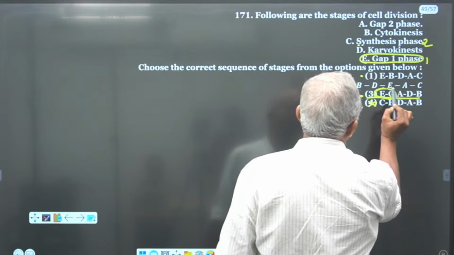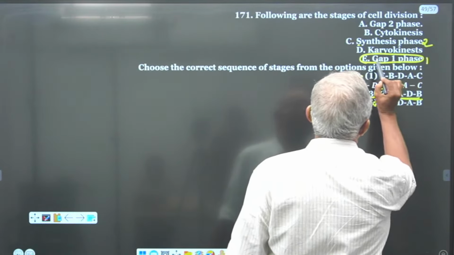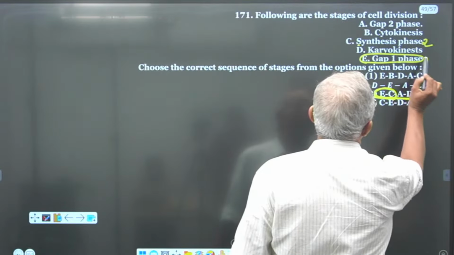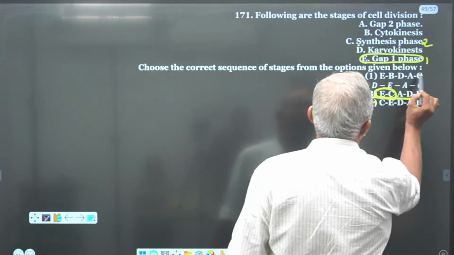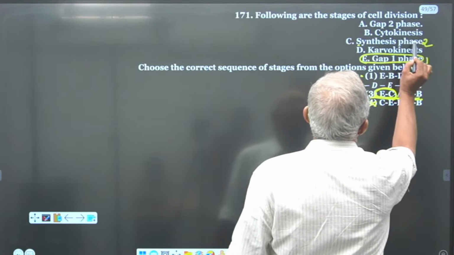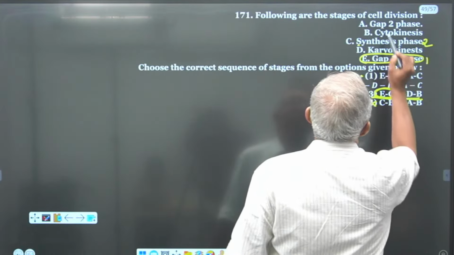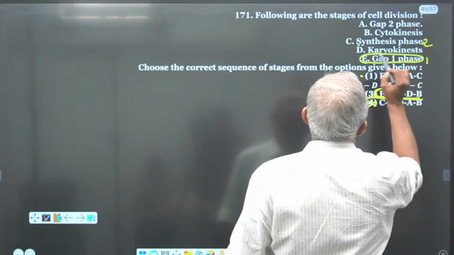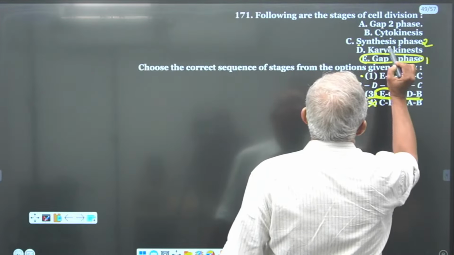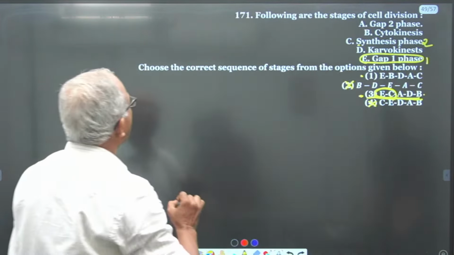So answer is 3. Next should be synthetic phase 2, so it should be C. Then A, then D, then B. Last one is cytokinesis. Option is 3.